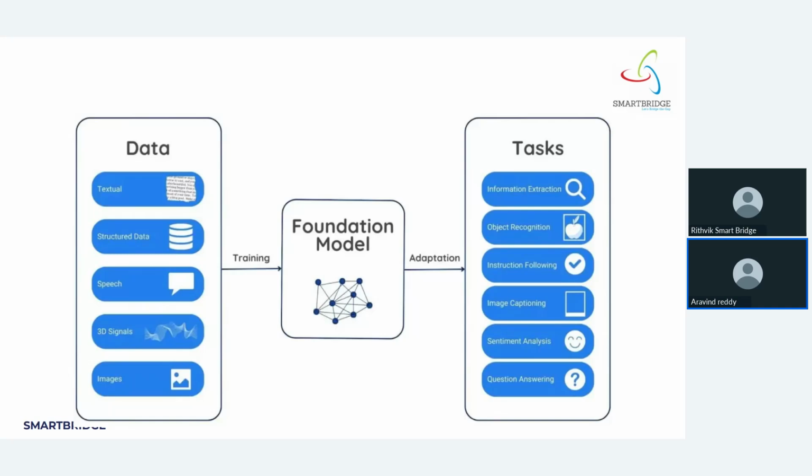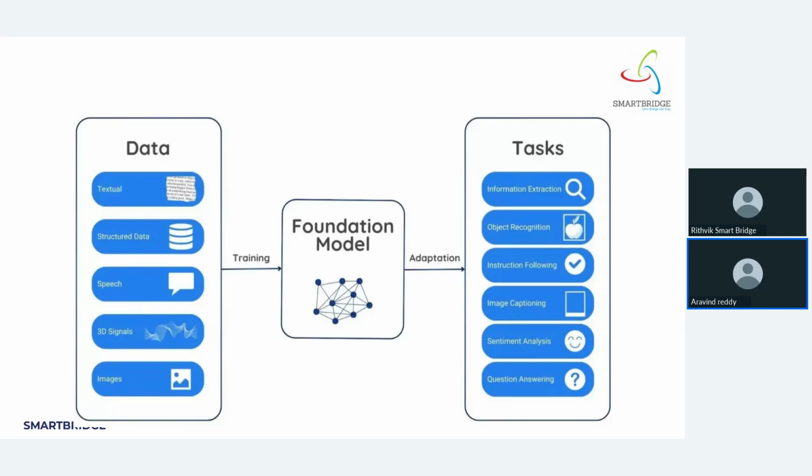Then we can analyze a lot of social media posts, right? With sentiment analysis, you can analyze Twitter, Instagram. And question answering, so it can work as a question answering system. If you give a question, it's going to give the output as an answer in an accurate format.